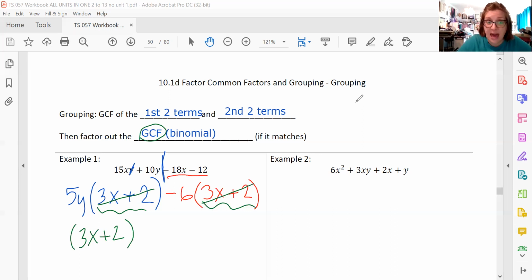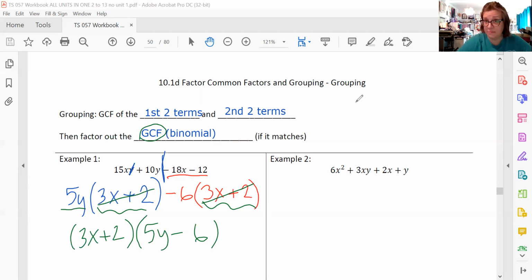And then what do I have left? That's going to go in the second set of parentheses. Well, I have 5y minus 6. So I have just factored this polynomial by grouping.